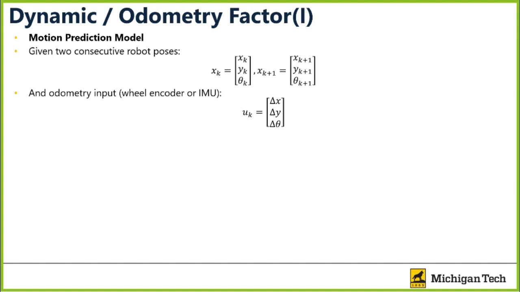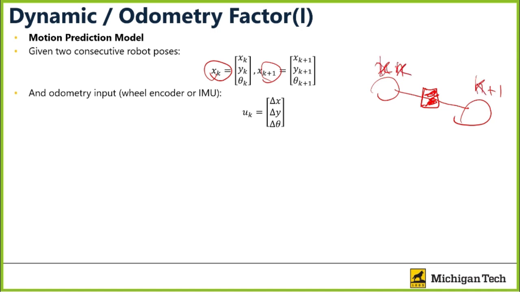Dynamics is between two states. As you remember, the dynamics between state k and state k plus 1, xk and xk plus 1. Anyway, that's the dynamic. But we have some measurements. Imagine in this example we had an IMU or wheel encoder giving us uk, that is delta x.